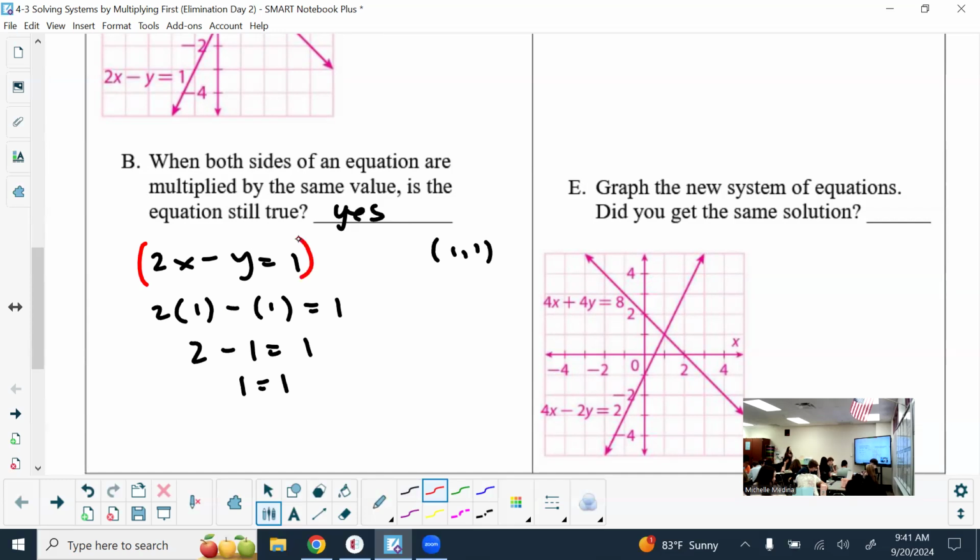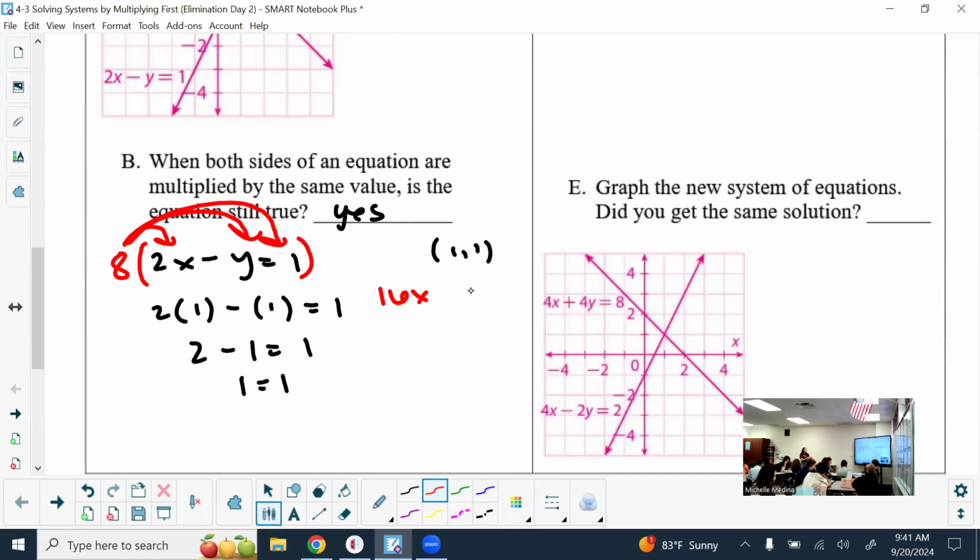Table 2, pick a random number. So if I were to multiply this whole equation by 8, that means I'm multiplying every single term, including on the other side of the equal sign. We're going to see if it's still true. So class, what is 8 times 2x?